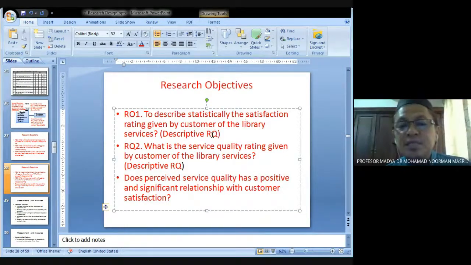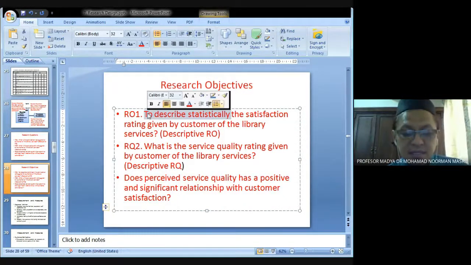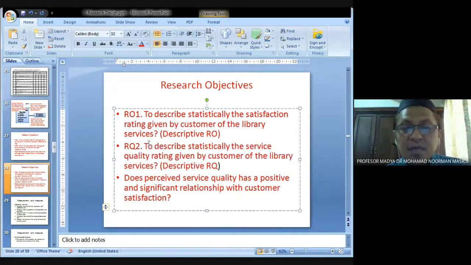So this is a descriptive research objective. And then number 2, to describe statistically the service quality rating given by customer of the library services.